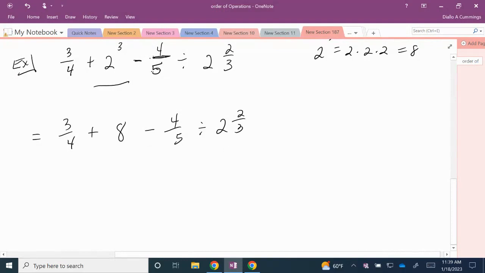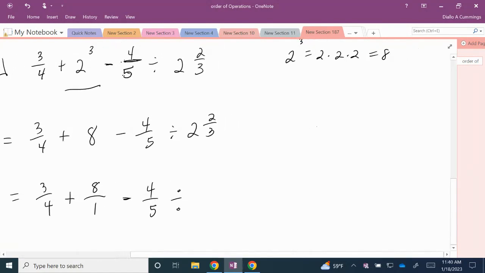The next thing I'm going to do is convert everything to a fraction, whether it be an improper fraction or a proper fraction. So 3/4 is already in fractional form. I'm going to convert 8 to a fraction by simply putting that over 1, minus 4/5 divided by, and I'm going to convert the mixed number into an improper fraction.